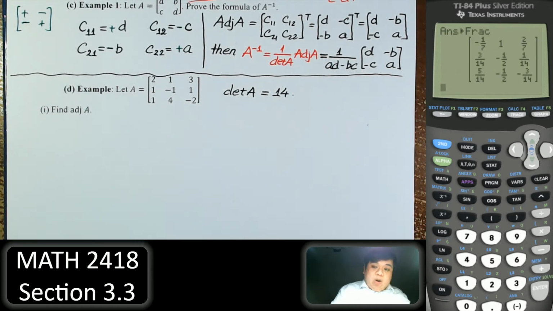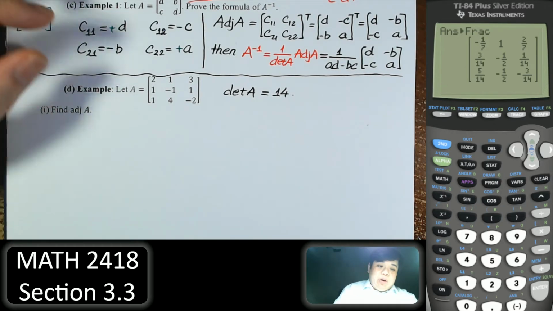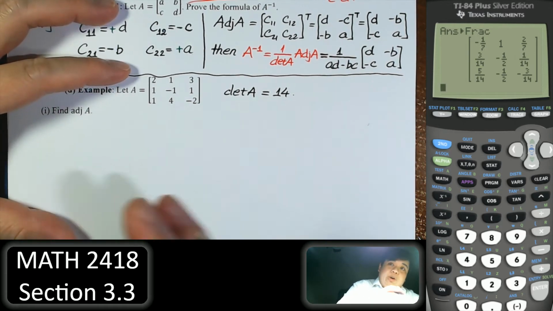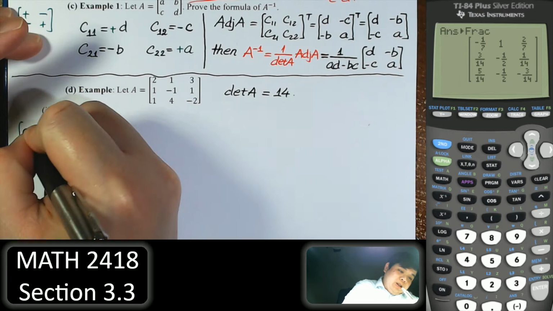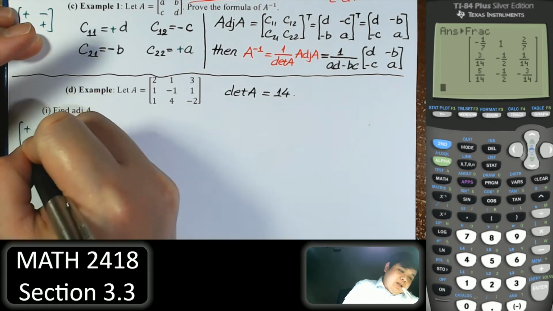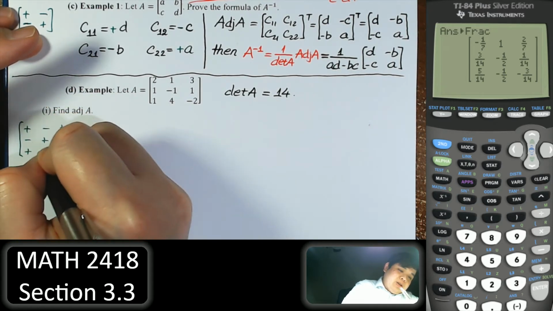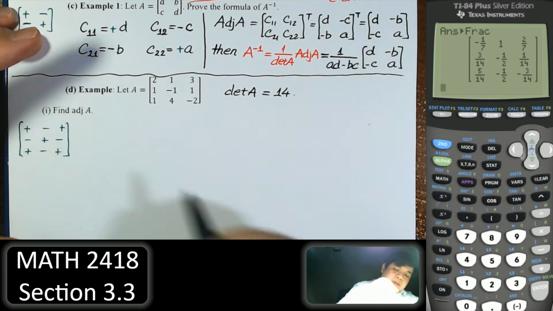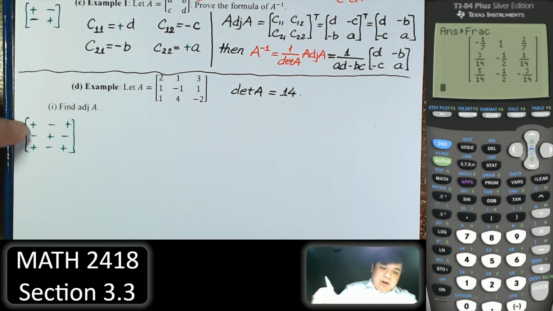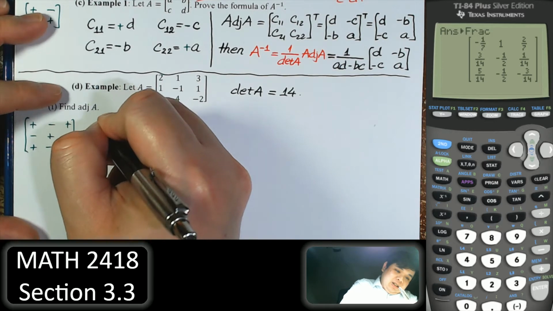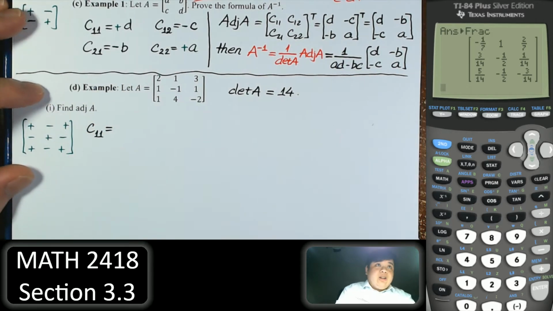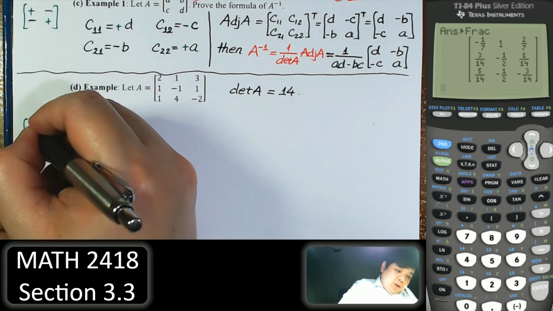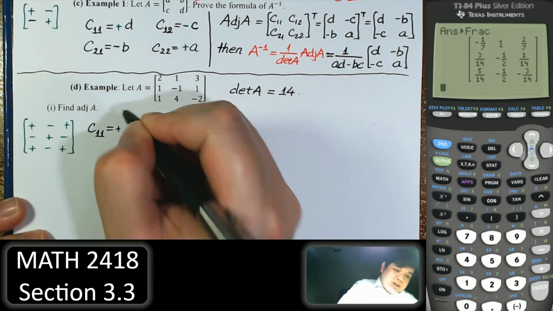Right, now, in order to find the inverse using the cofactors, we have to find all the cofactors with the sign chart. That is the sign chart for 3 by 3. Plus, minus, plus, minus, plus, minus, plus, minus, plus. C11 for that. Cofactor is going to be a determinant, so it's on the plus, so that's plus.